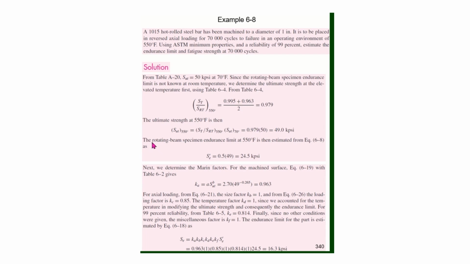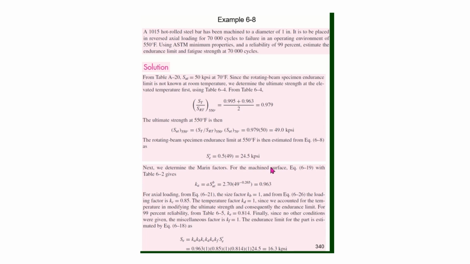The rotating beam specimen endurance limit then, the SE prime at 550, is estimated then to be 0.5 times 49, or 24.5. Now we're ready to go and apply our standard Marin factors.